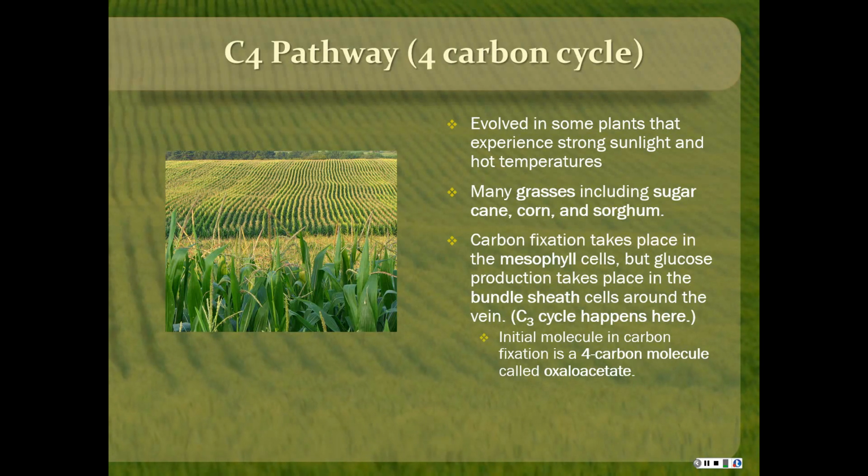And in this case, carbon fixation happens in the mesophyll, but glucose production happens in the bundle sheath cells that are around the veins of the leaf. And then after that happens, the normal C3 cycle will happen. And it's called the C4 plant because the initial molecule in carbon fixation is a 4-carbon molecule.